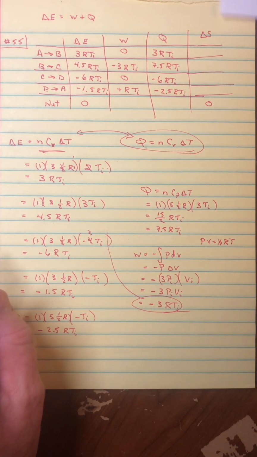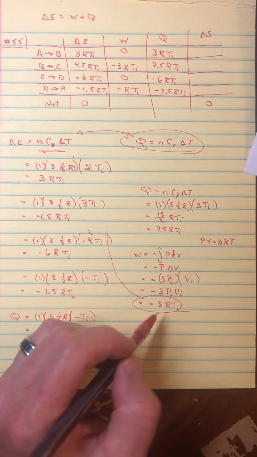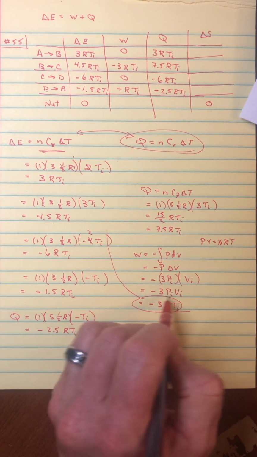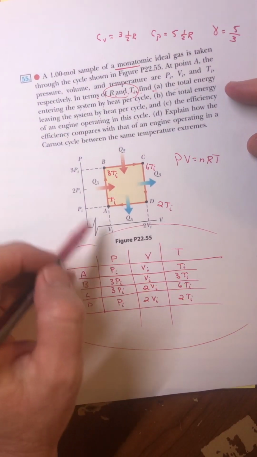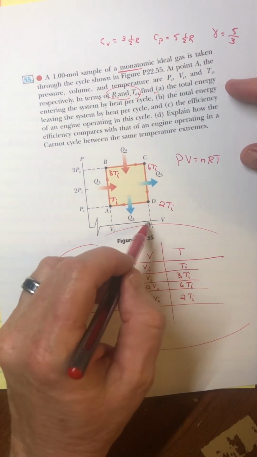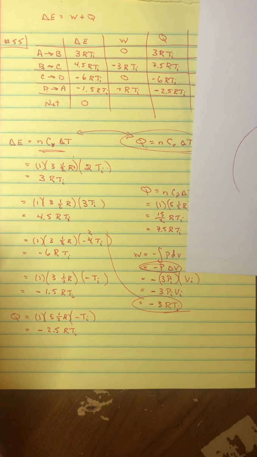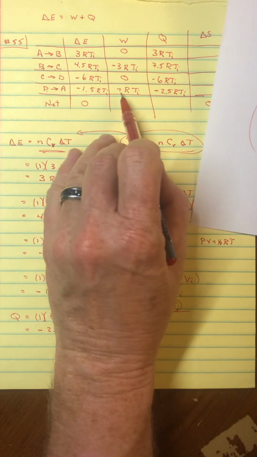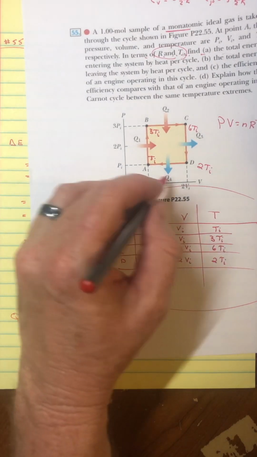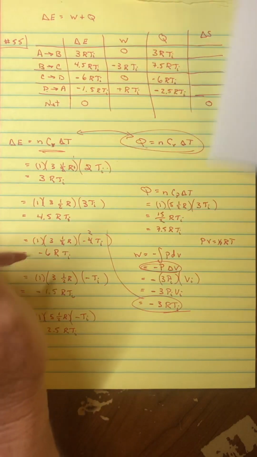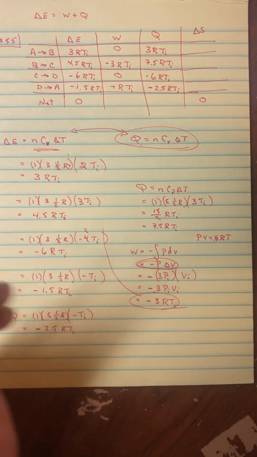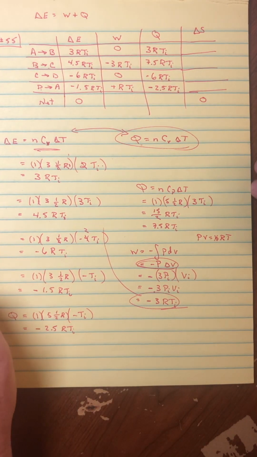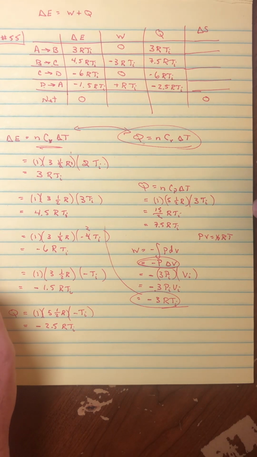And again, you can get that from this formula right here, and it would be the area under the curve. So it would be 1 unit of V and 1 unit of P. And then going the other way, you change the negative to a positive, and n would be 1 when you go PV equals nRT. So good. That matches when I do this, and it matches when I add it up. So feeling comfortable about all of those.